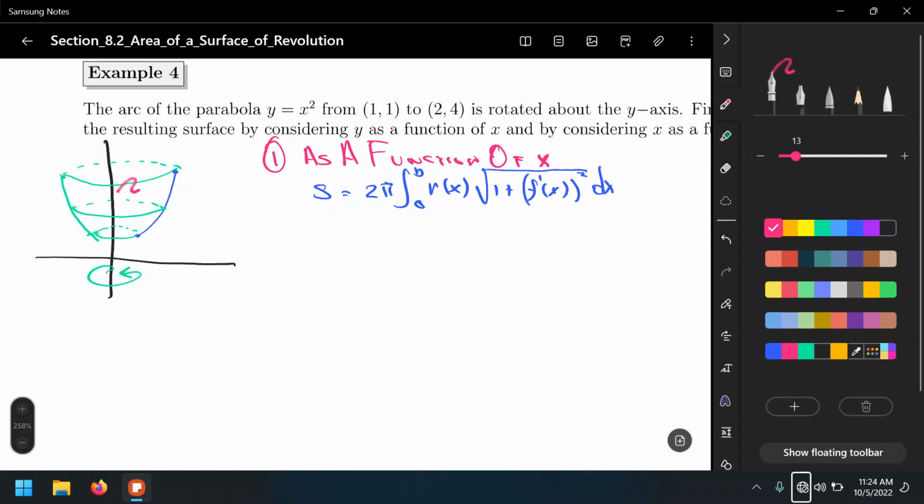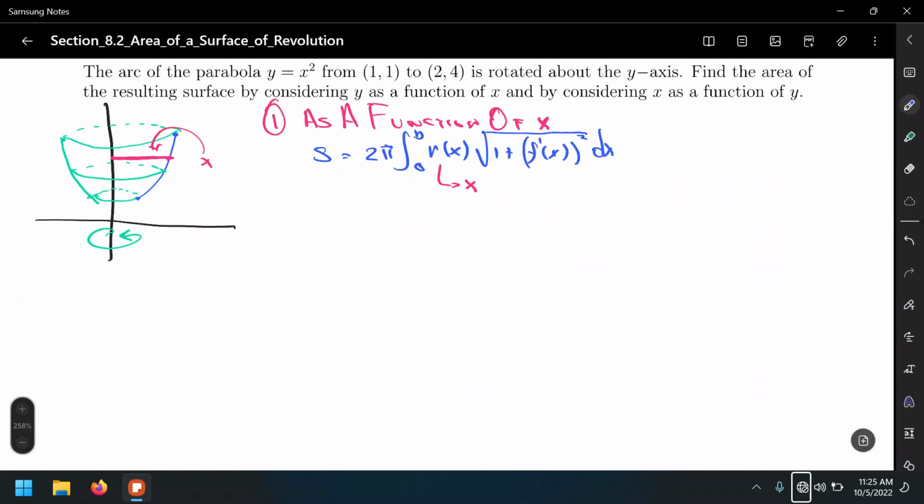From the axis of revolution to any point on the graph that's rotating, notice we have a horizontal distance. Which variable describes horizontal distances? Isn't that x? So r of x is x, and we're not going to replace x with f of x because it's already in terms of the variable x.